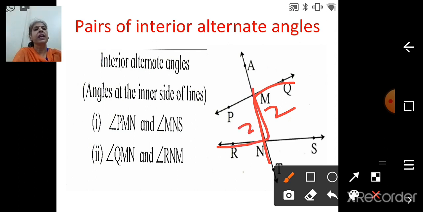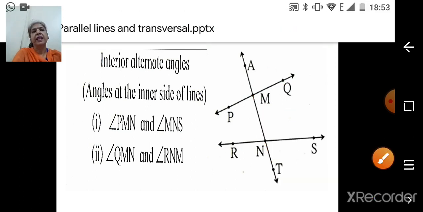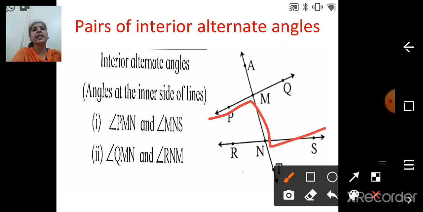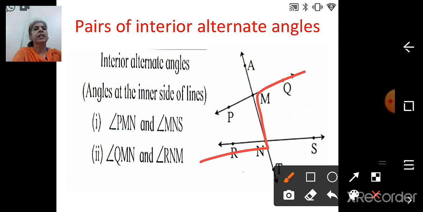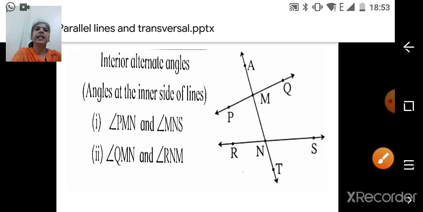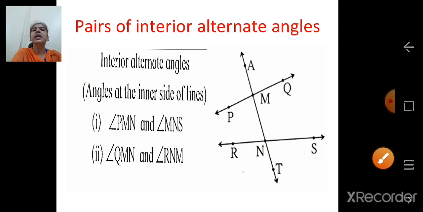You can clearly see which letter is formed, Z. So one pair is here and the next one is here. These are angles PMN and MNS, angle QMN and angle RNM, and they are pairs of interior alternate angles.